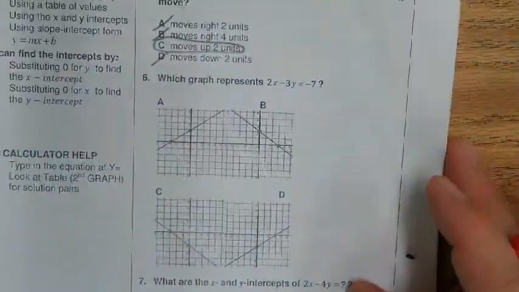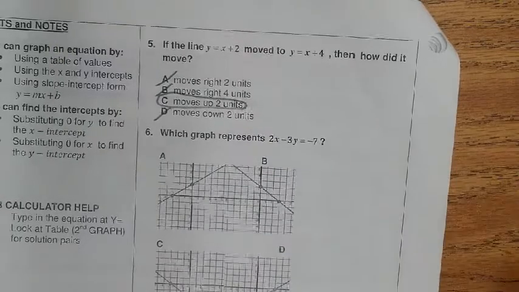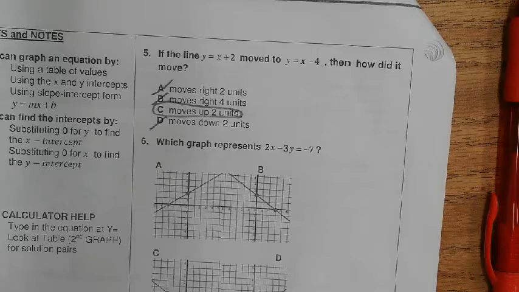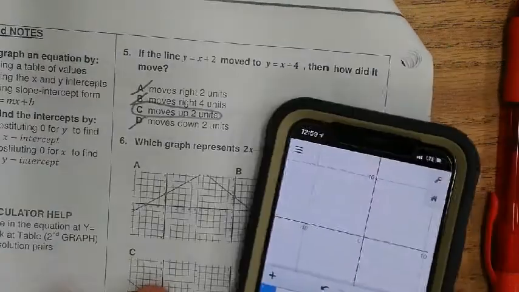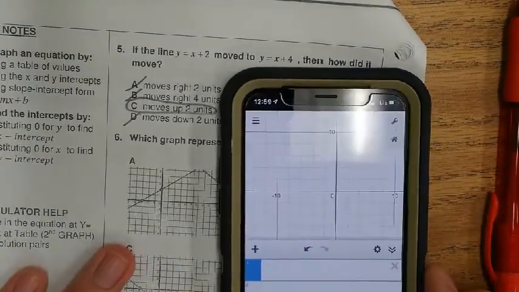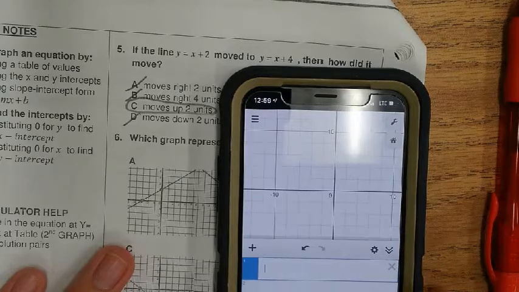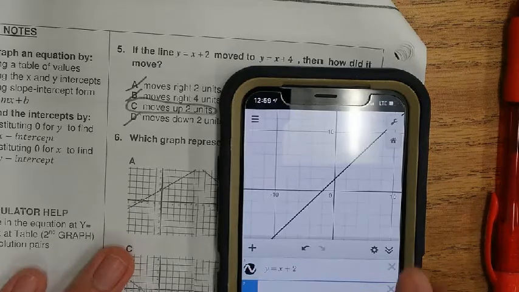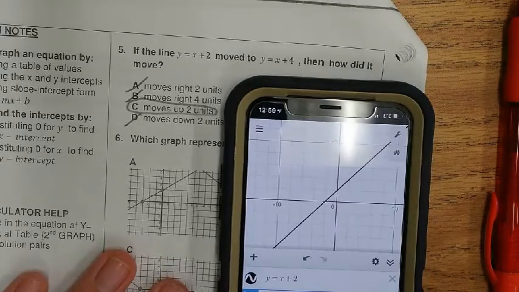All right, on this one you could tell I've already helped a student with, but this one was just more of common sense. Hopefully y'all got that. But you have y equals x plus 2, and then y equals x plus 4.